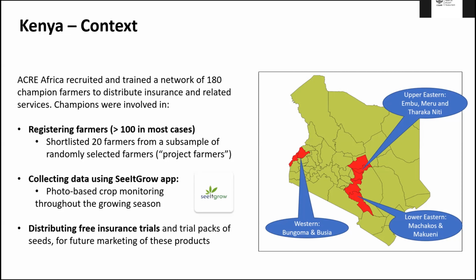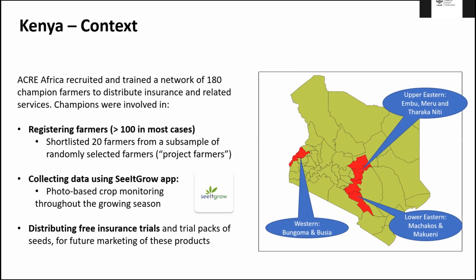And then from the potential treatment, they shortlisted 20 farmers. And from the potential control, they also shortlisted 20 farmers. So that gives us randomly selected, in a way, project farmers versus non-project farmers to allow for within village comparisons, even though champions still had a choice in who they would be working with.